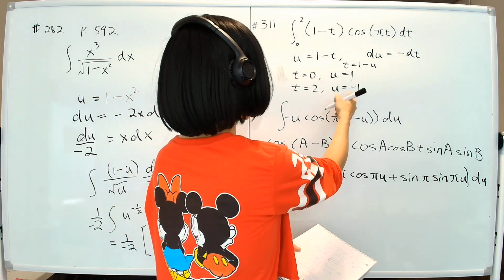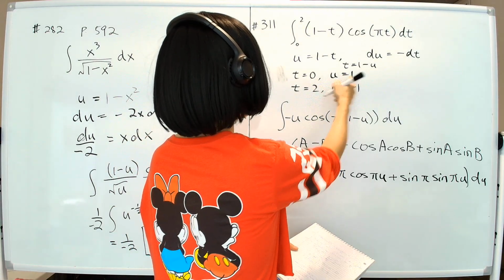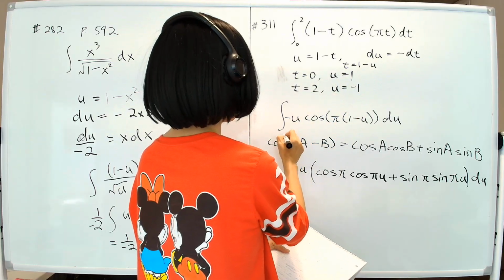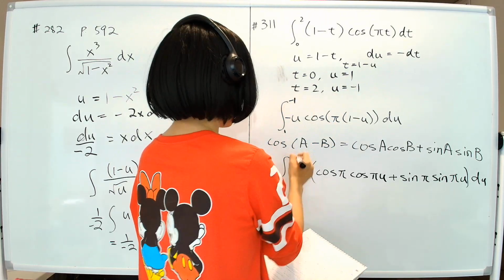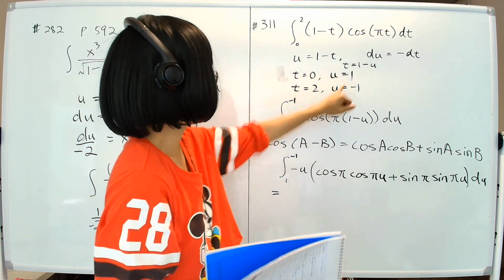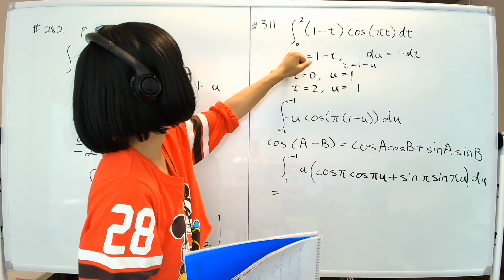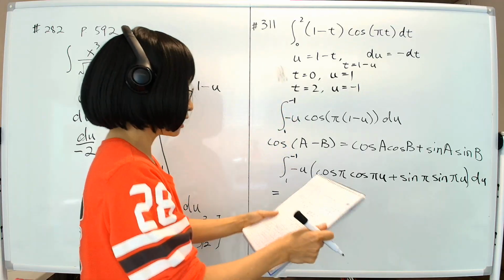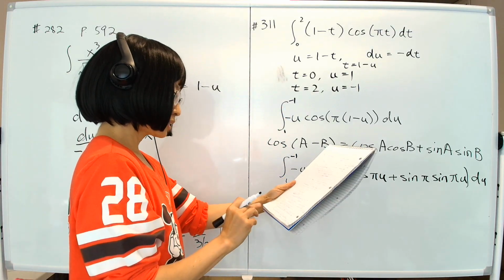This is going from 1 to minus 1, actually, right? Okay, 1 to minus 1. When t is 0, u is 1 down here. From 0 to 2, so from 1 to minus 1.